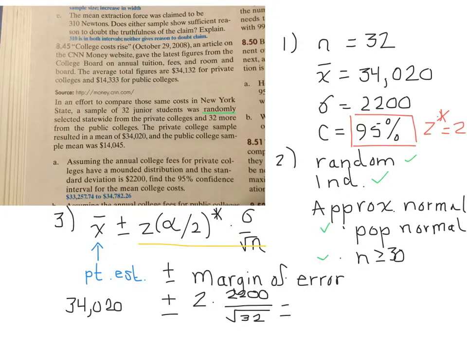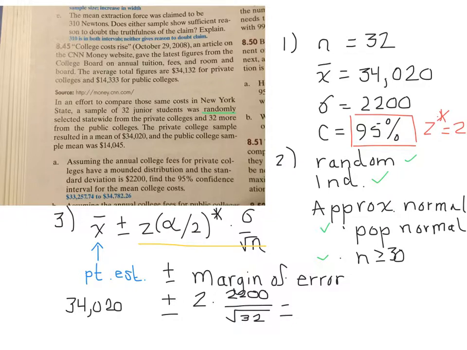So we're going to complete the do by finding the lower boundary of this confidence interval by subtracting and finding the upper boundary of this confidence interval by adding. So I'm taking 34,020 minus 2 times 2200 divided by the square root of 32.